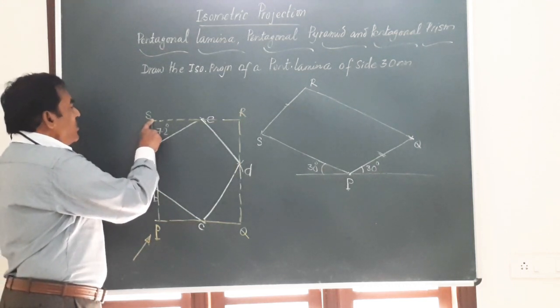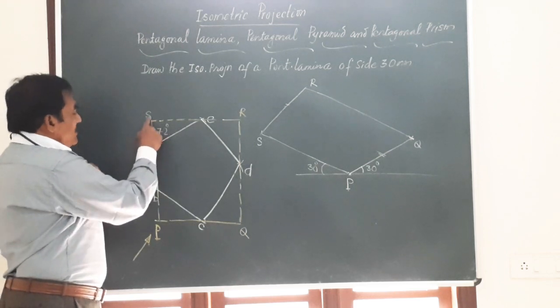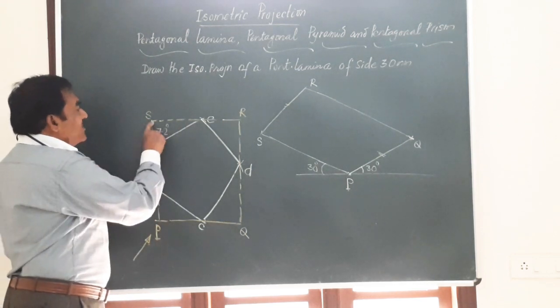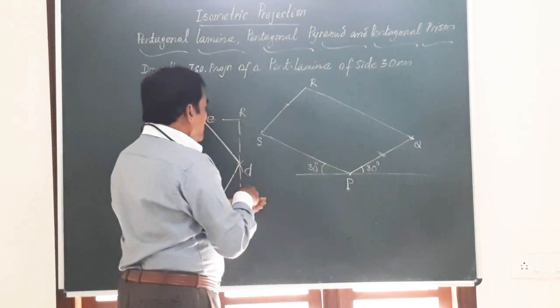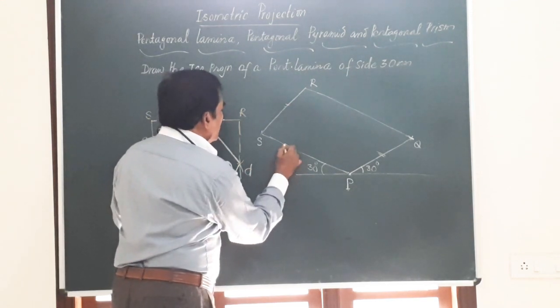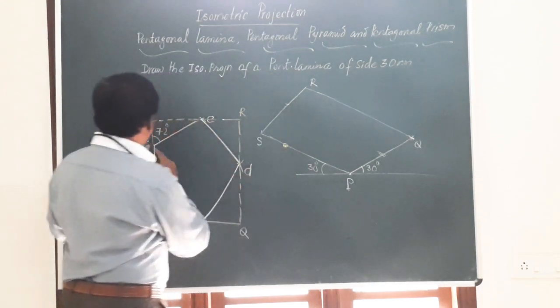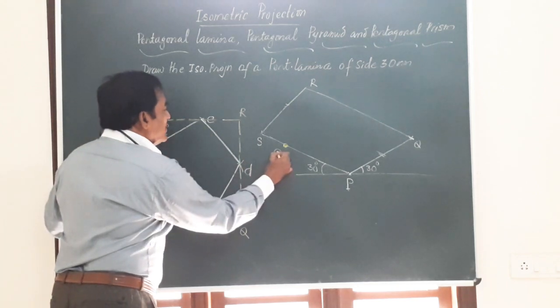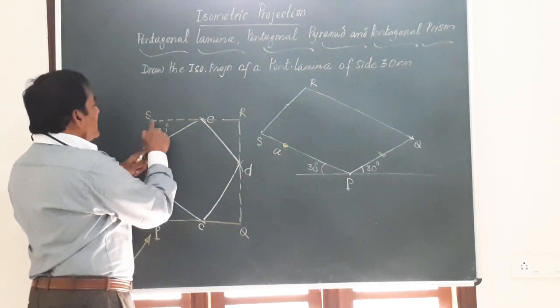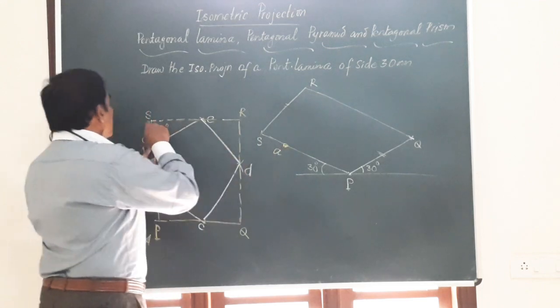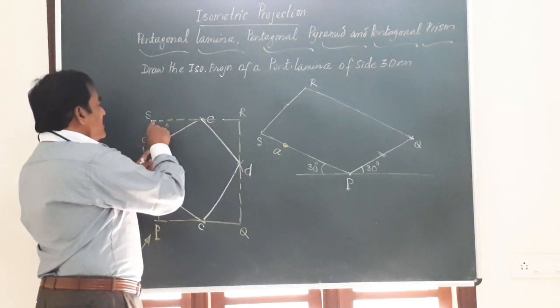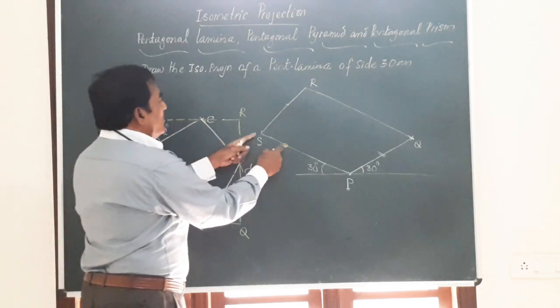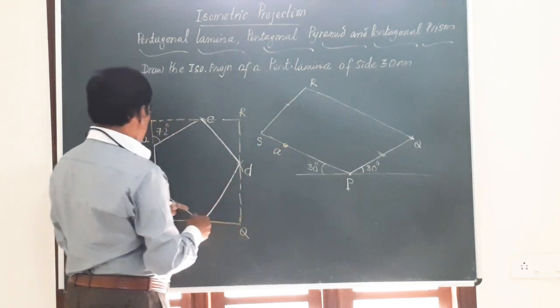Convert that to isometric and mark on SP nearer to S. On SP nearer to S, I mark this dimension. I call that point A. Friends, you remember the length we get here is lesser than this. Suppose this is 10, this will be 8.15 millimeter.